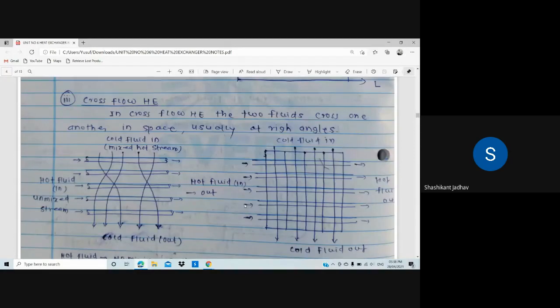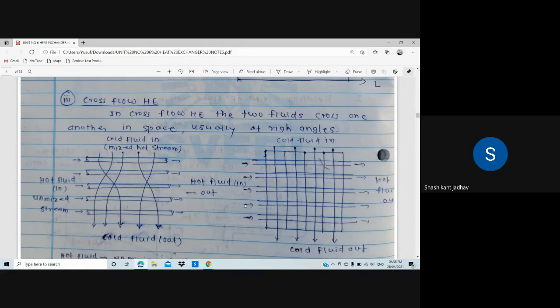In cross flow heat exchanger, the two fluids cross one another in space, usually at right angles.